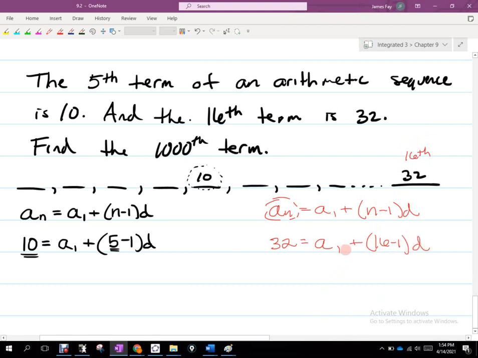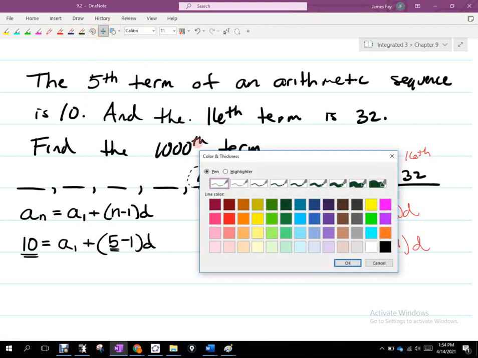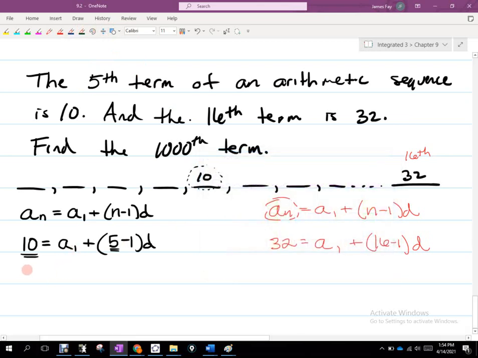Now we have 2 equations with the exact same 2 unknown variables, a1 and d. So I'm going to rewrite this one as 10 equals a1 plus 4d. This one will say 32 is equal to a1 plus 15d.